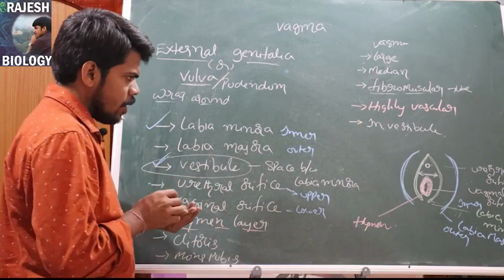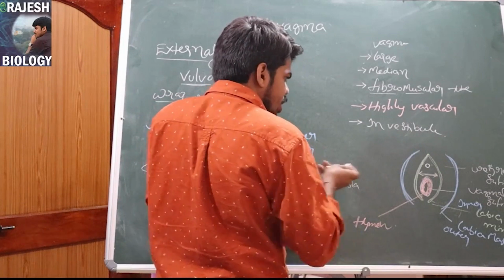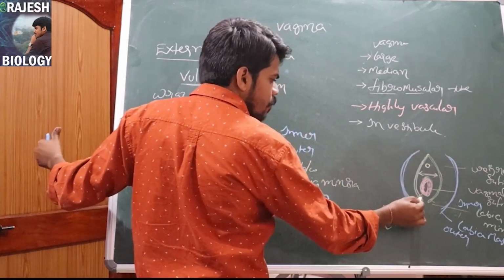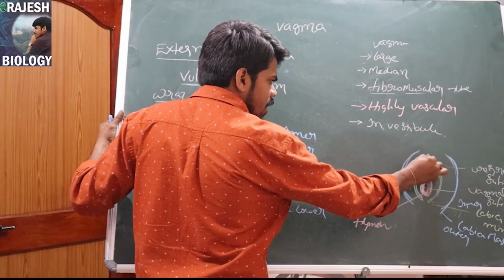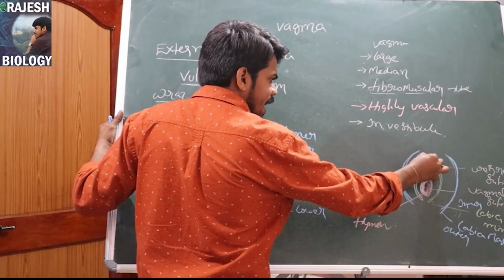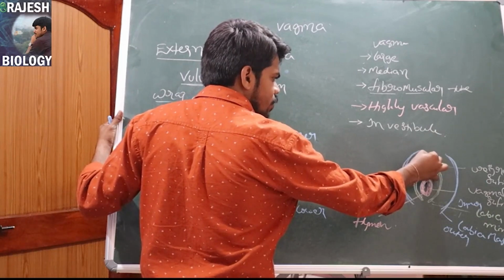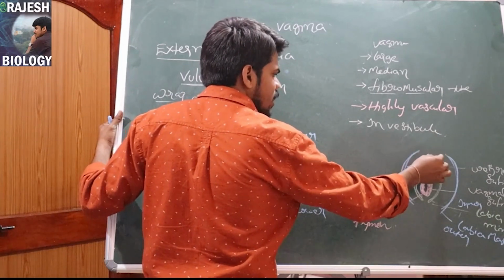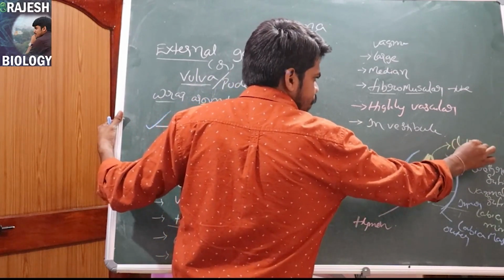Now what is the clitoris? At the upper junction of the labia minora, the green ones, there is an erectile structure, like this. This erectile structure is called clitoris.